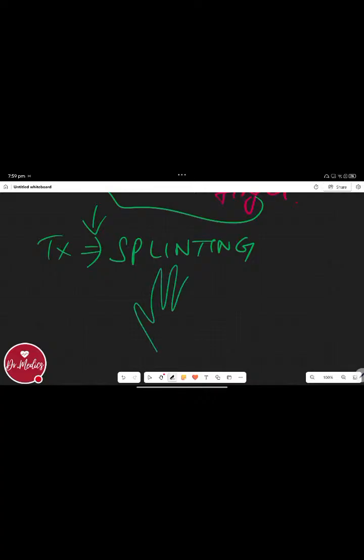So if the middle one is fractured, what we do is splint these two together, which is called the buddy splint of the fingers.